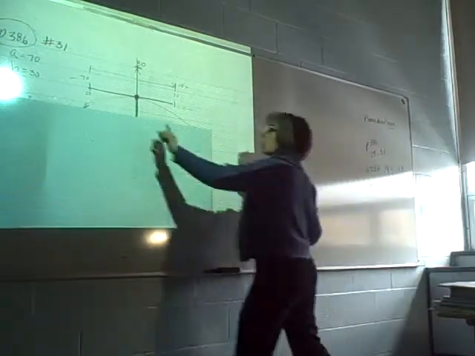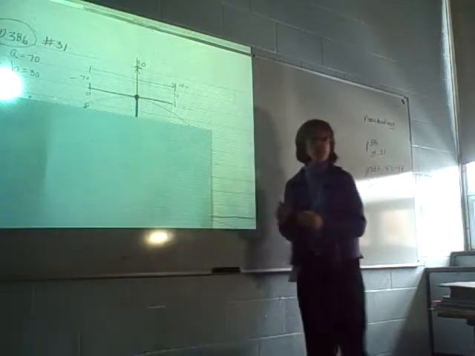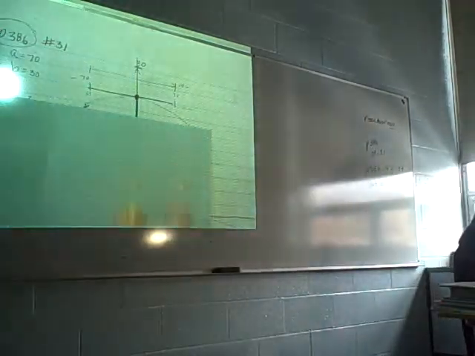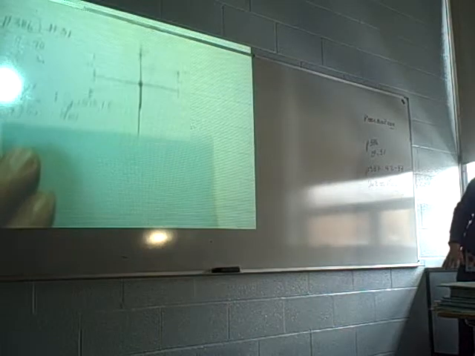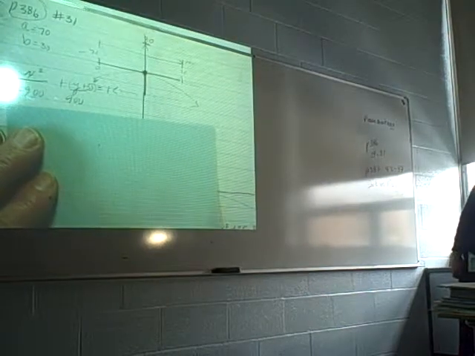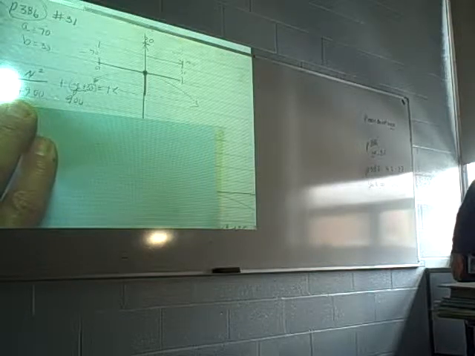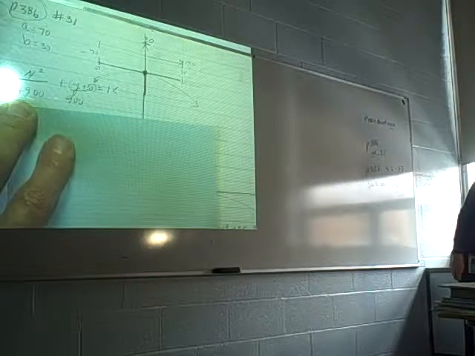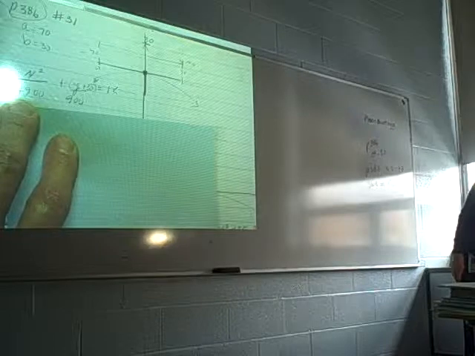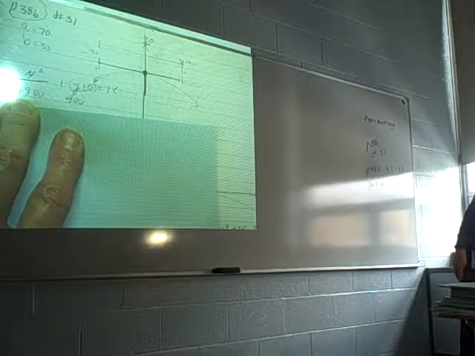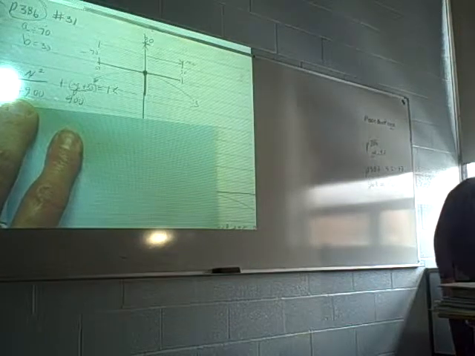So I know that I have a 70 and a 70, and everybody get x squared over 4,900, sorry, plus y plus 30 squared over 900 equals 1. Everybody okay with that for the equation?